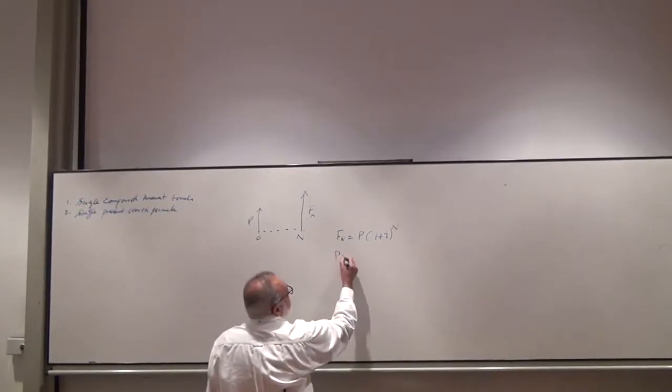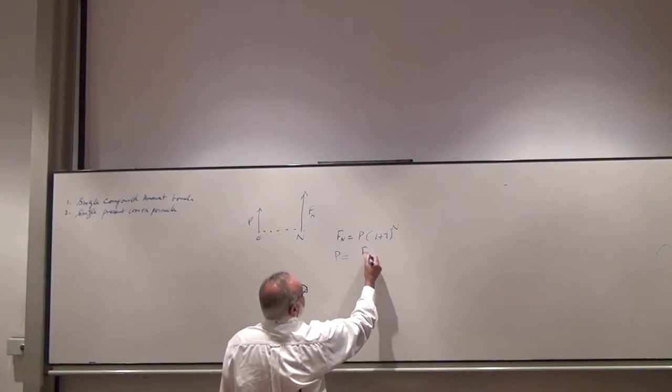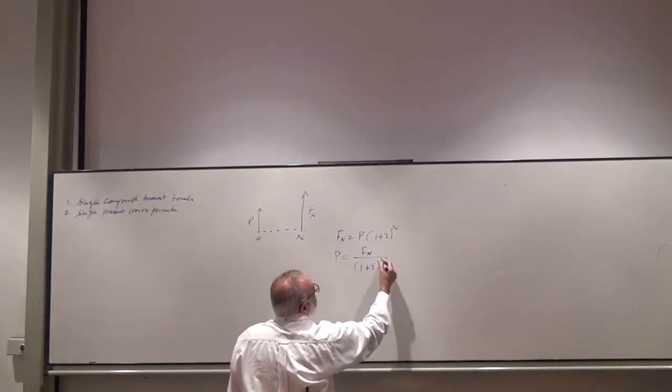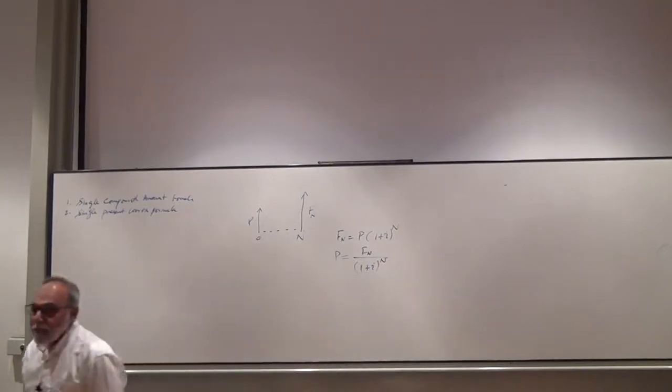The second equation is coming from the same equation. We have the present value just by manipulating this equation.